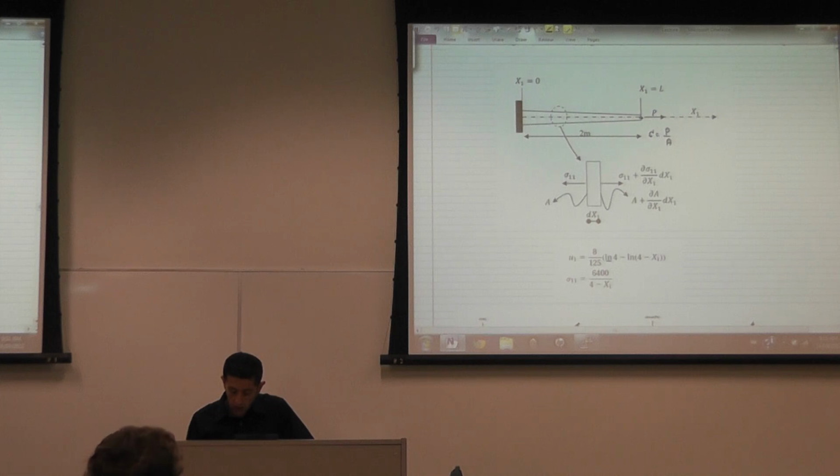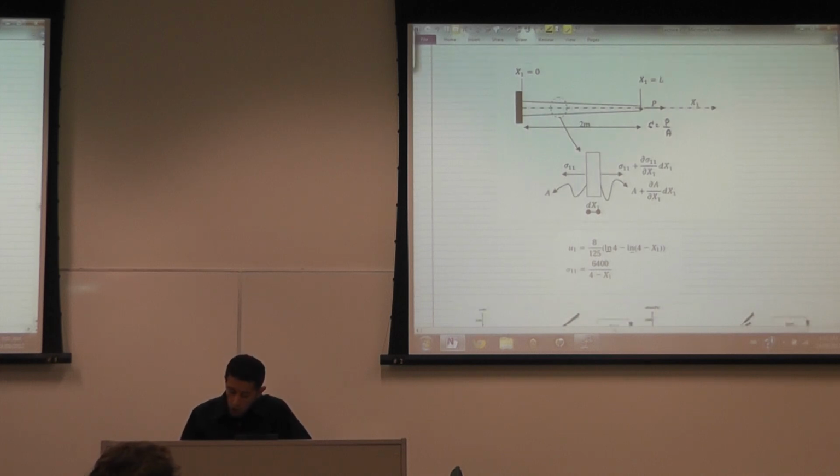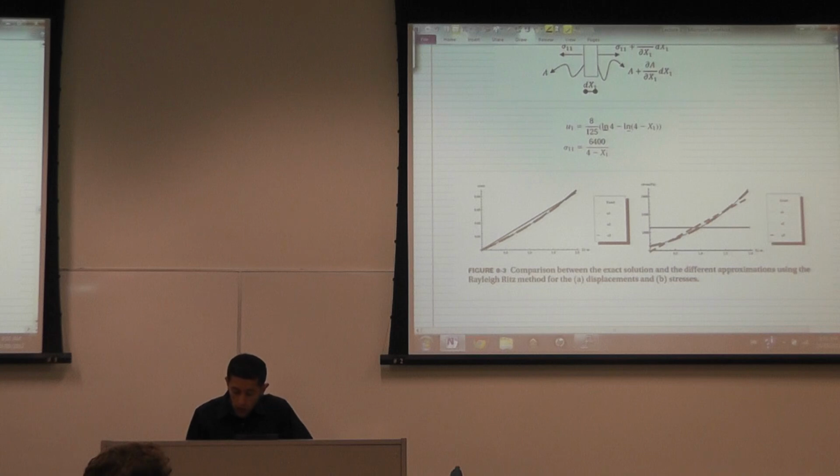Because the exact solution happens to be a logarithmic function, the space of solutions that I'm using is just polynomial functions, so they will approximate, but it's never going to be exact. Because my approximations do not include that logarithmic function, I'll never get the exact solution.